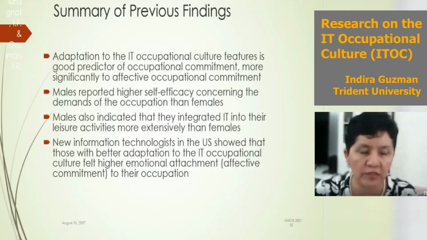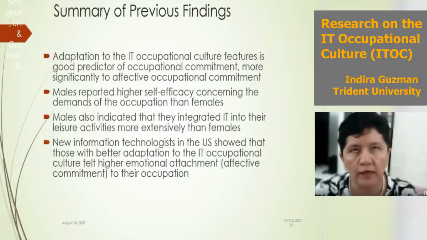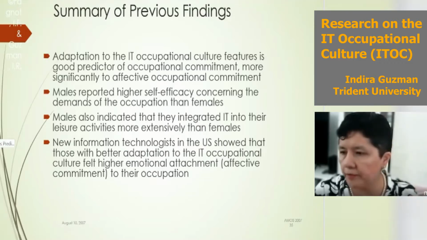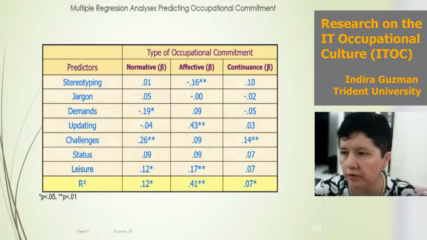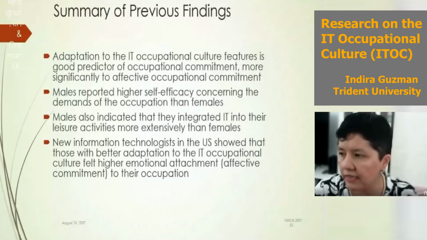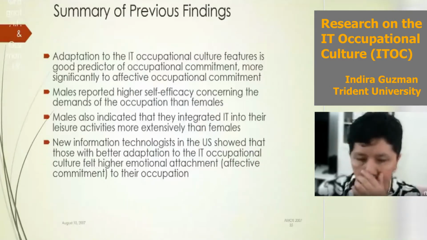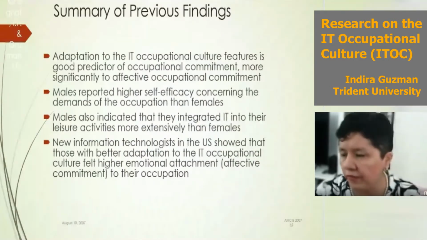They should stay because they want to, not because they have to. That's the difference in occupational commitment: normative is I stay in an occupation because I have to, affective is because I want to, and continuous is because I have already invested too much time in it. That's in a nutshell what we found.